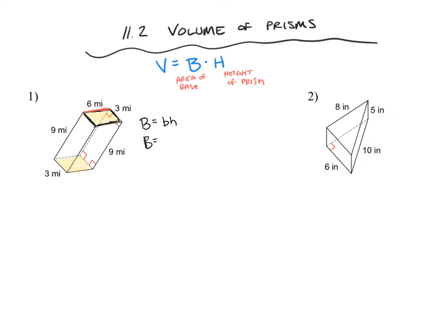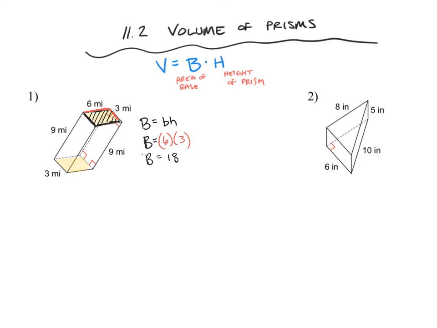And that means the height, which has to run perpendicular to it, is going to be 3. So my little b is 6, and my little h is 3. Base times height, length times width, whatever floats your boat. So the area of my base, the area of this rectangle right here, is 6 times 3, 18.